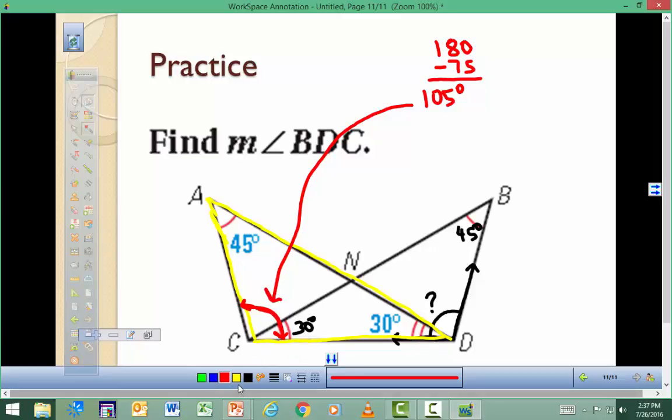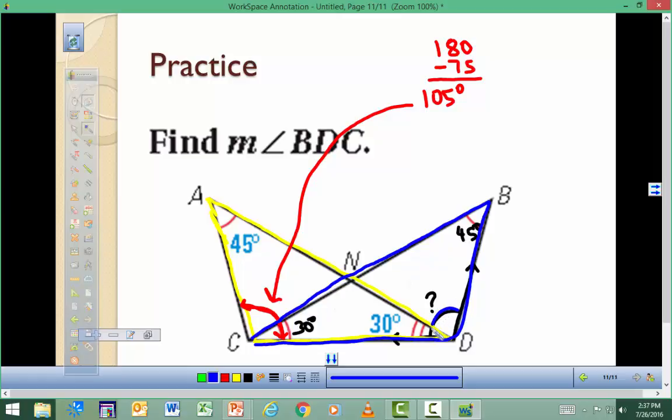But that being said, if you look at this triangle on the right side, the one that I just drew, I'll redraw it here in blue. Okay, we have the two angles that we know already, and that matched up with these two angles over here, the 30 and the 45.